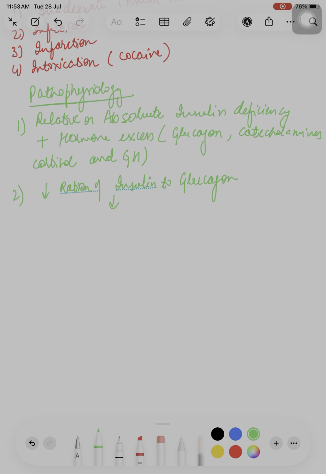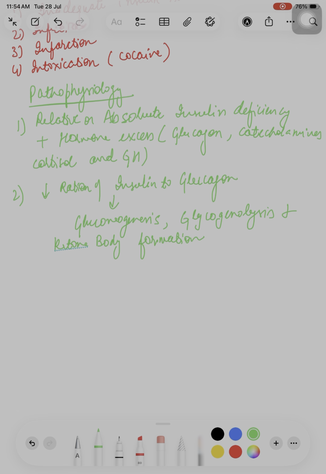The second point in pathophysiology: when the ratio of insulin to glucagon is decreased, it promotes gluconeogenesis, glycogenolysis and ketone body formation, right? If insulin is decreased, glucose is not entering into the cells, so the cells are in a hypoglycemic state.